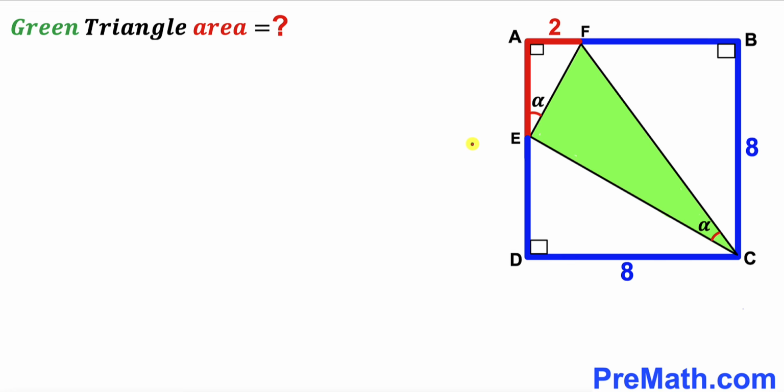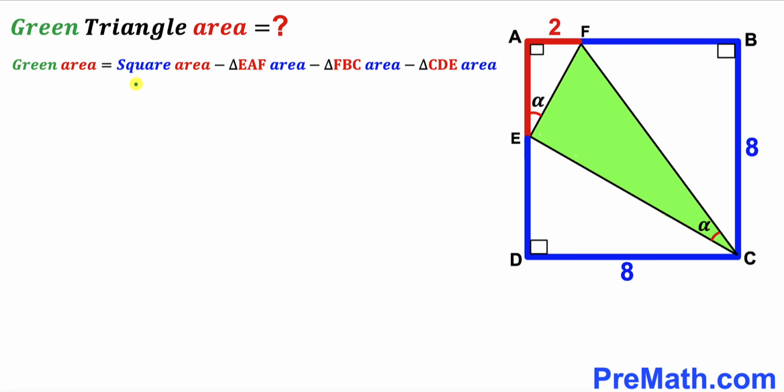Let's go ahead and get started, and here's our very first step. Since we are interested in calculating the area of this green shaded triangle, let's make an observation.